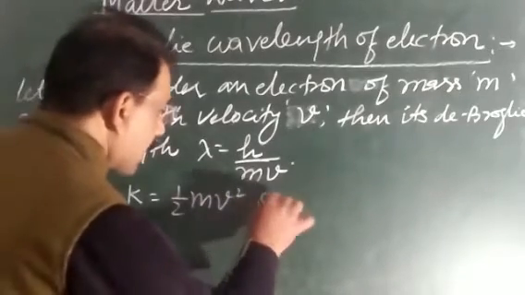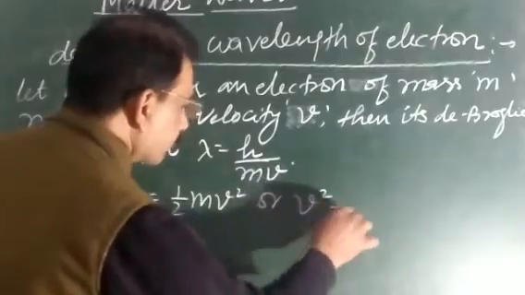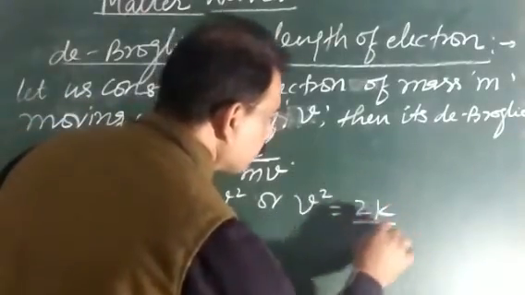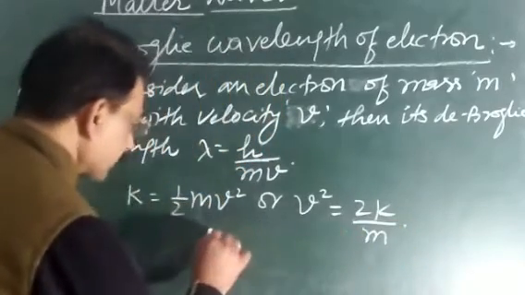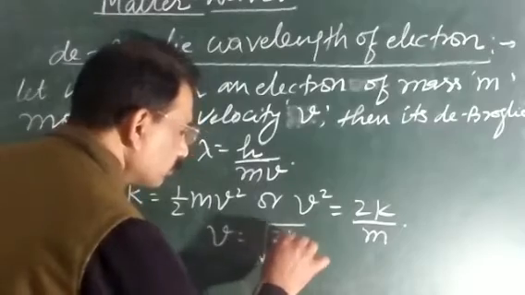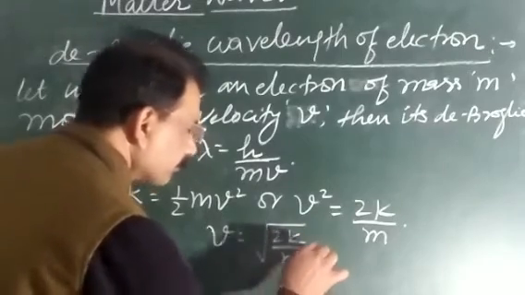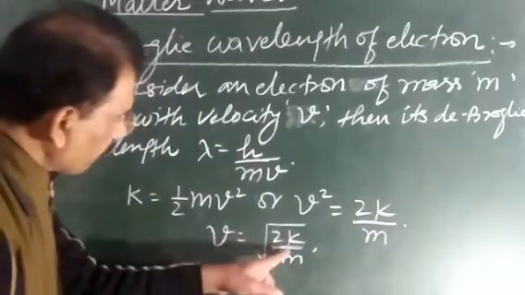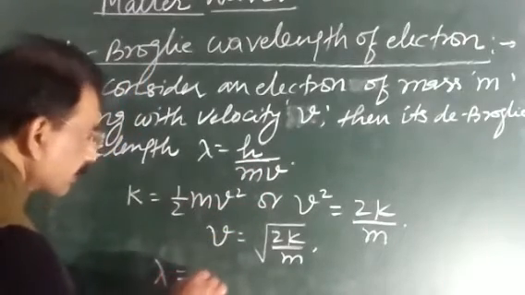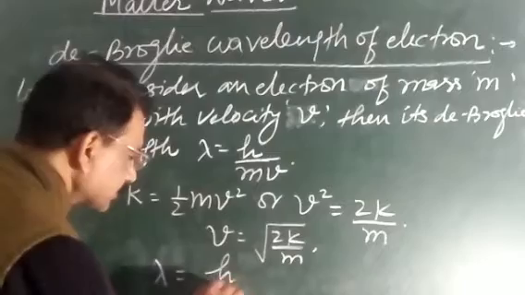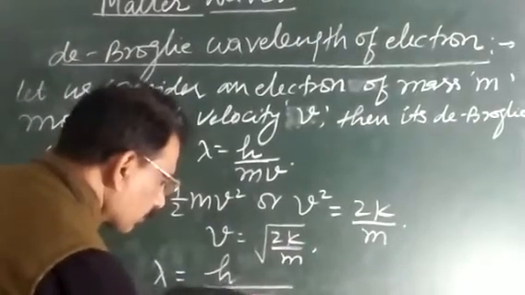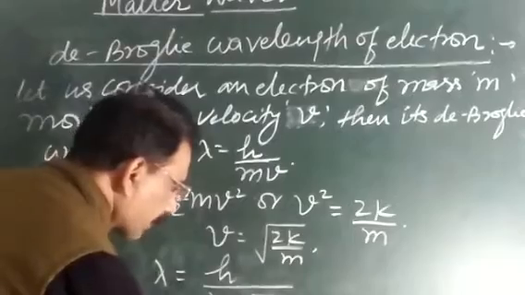So from here, v square is equal to 2k by m. So we can say here v is equal to root 2k by m. And when you put the value of v here, then the de-Broglie wavelength lambda is equal to h upon m times root 2k by m.